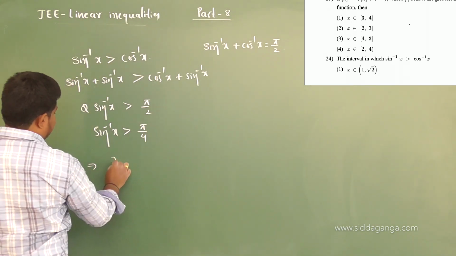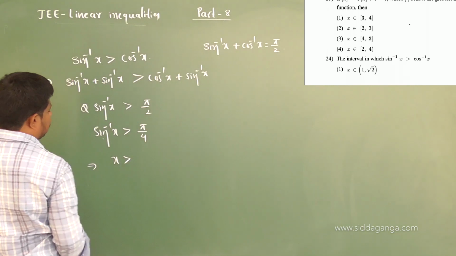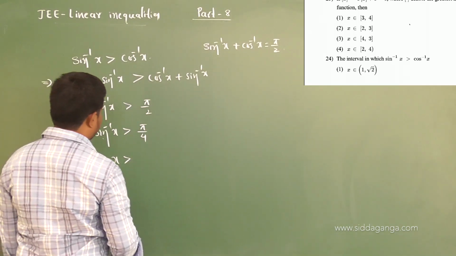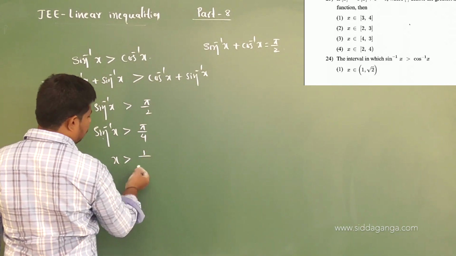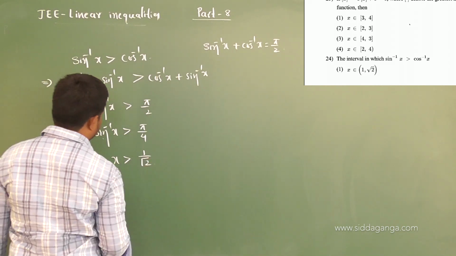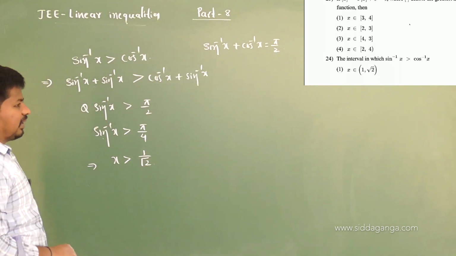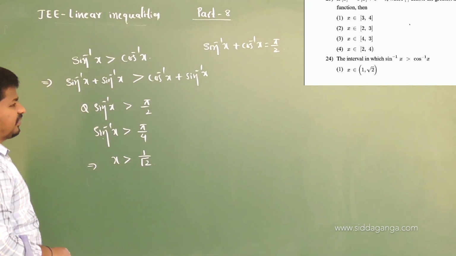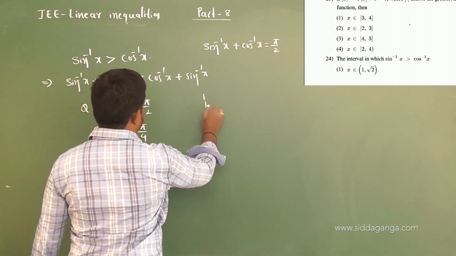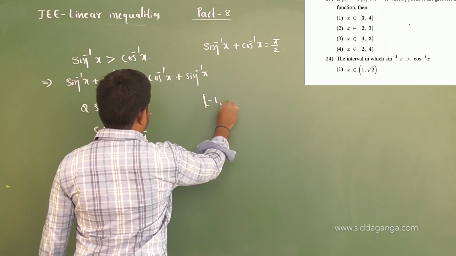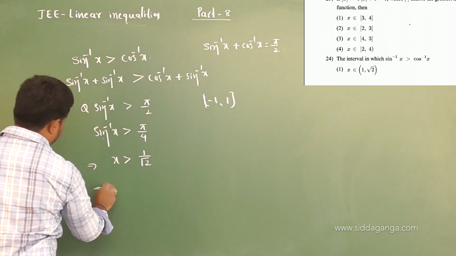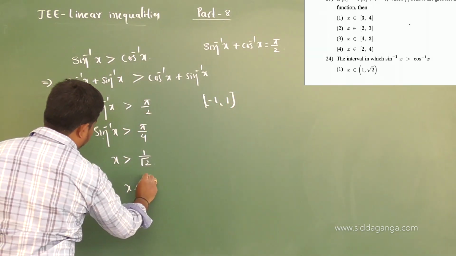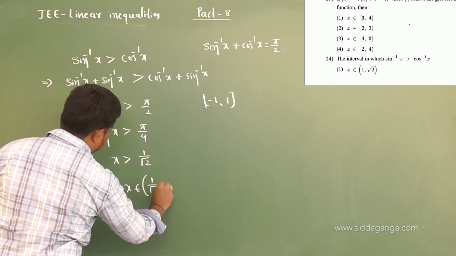So x is greater than 1 by root 2, because sine pi by 4 is 1 by root 2. Since the range of the sine function is minus 1 to plus 1, x belongs to the interval 1 by root 2 to 1.